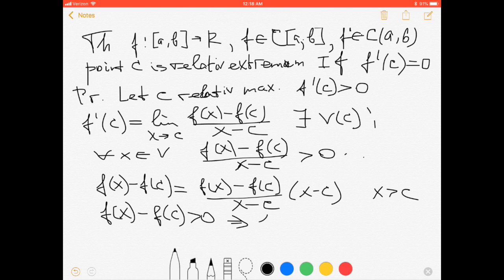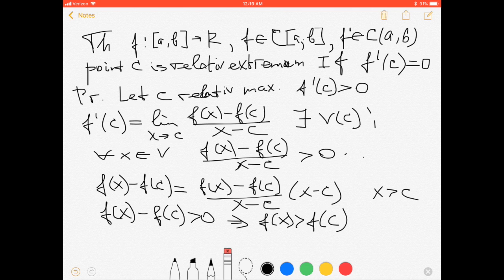This means we found some point x in our neighborhood of c where f(x) is greater than f(c). But this cannot be, because c is a relative maximum. Okay, so the assumption that the derivative is positive is not correct. Checking what happens if the derivative is negative.